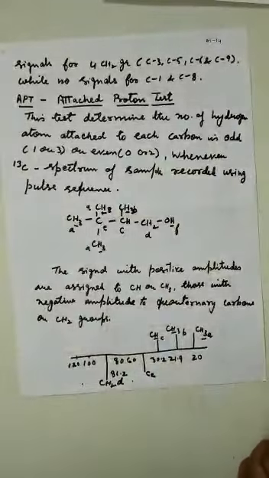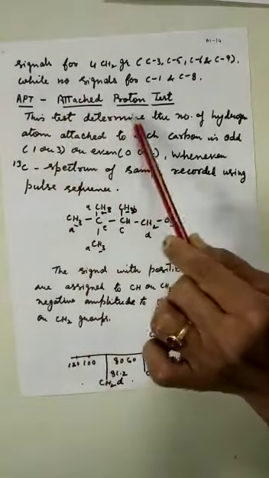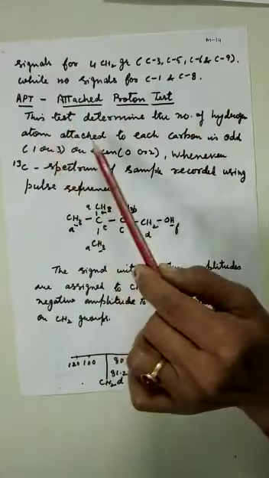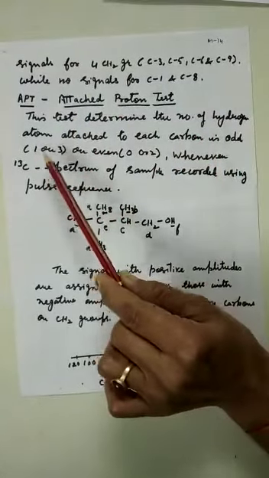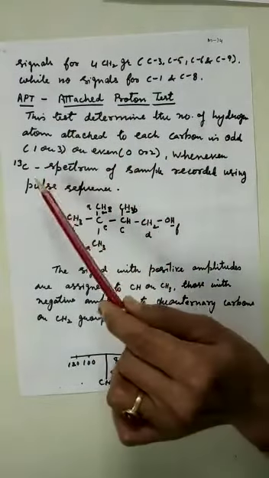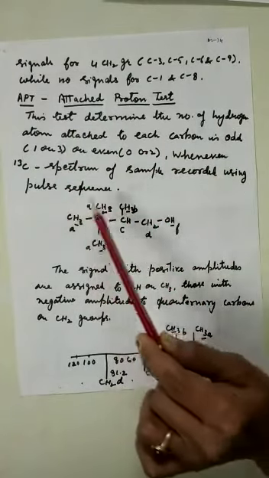So this is named DEPT spectroscopy. Next we are taking the APT, that is the attached proton test. This test determines whether the number of hydrogen atoms attached to each carbon is odd, C1 or C3, or even, 0 or 2, whenever a C13 spectrum of a sample is recorded using the pulse sequence.